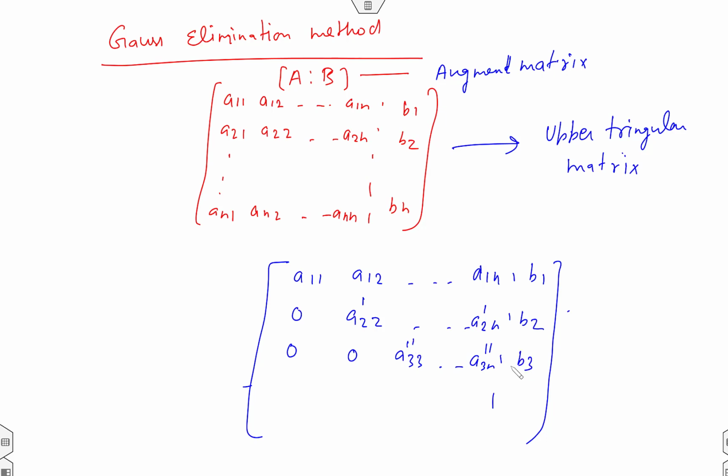I am writing dash and double dash, which means we are representing these elements after applying some row operations. Finally we get ann with superscript n minus 1, bn. So we get this kind of matrix.